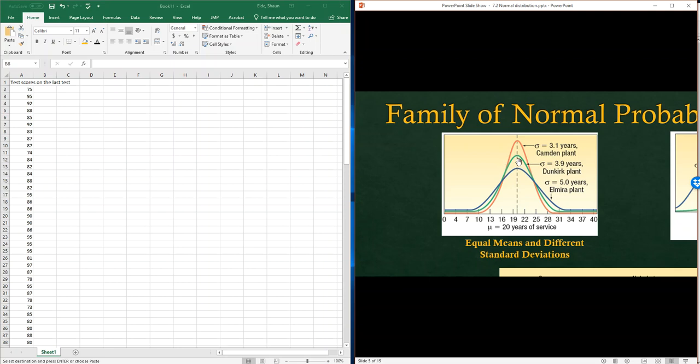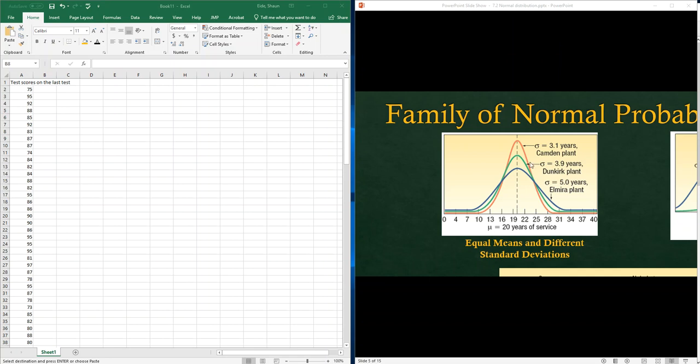And so this right here is different plants and the years of service. I guess this is some sort of industrial plant or energy plant. The mean is 20 years.